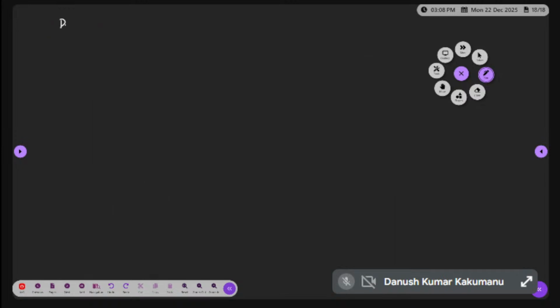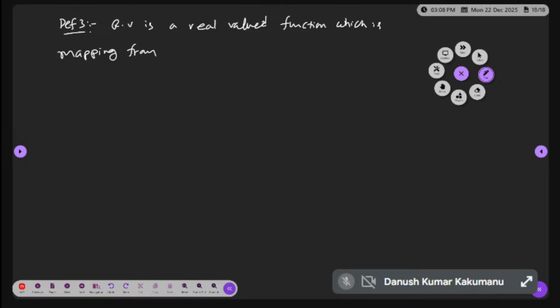Definition 3. Random variable is a real valued function which is a mapping from sample space to the real number set.